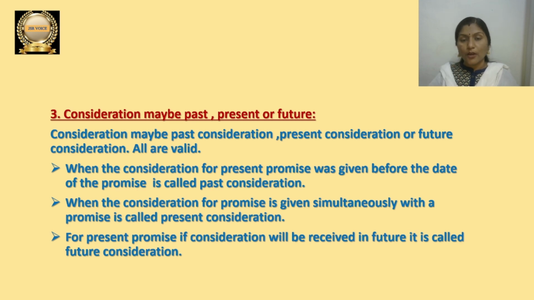Then what is future consideration? The present promise is present, but in future consideration will be received. Okay, so they have to perform now, but the consideration will be received in the future, then we can call it a future consideration. So hope this is clear. Let us move to the next point.